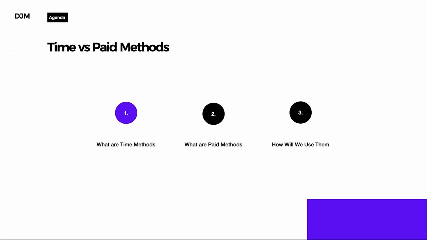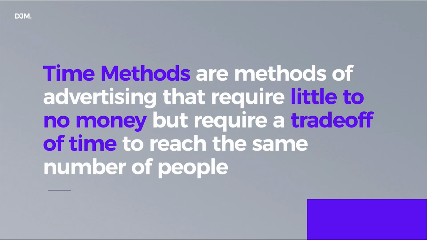So very first, we're going to start with what are time methods. Time methods are methods of advertising that require little to no money, but require a trade-off of time to reach the same number of people. This is pretty easy to understand: if you have time methods, you don't have to spend a lot of money to do advertising.